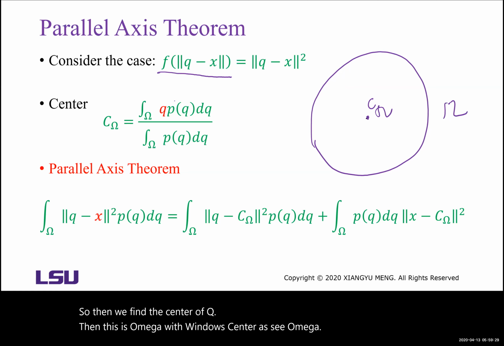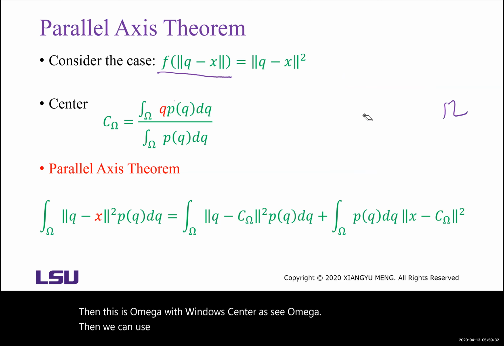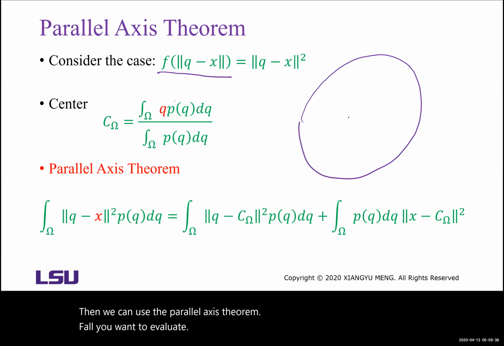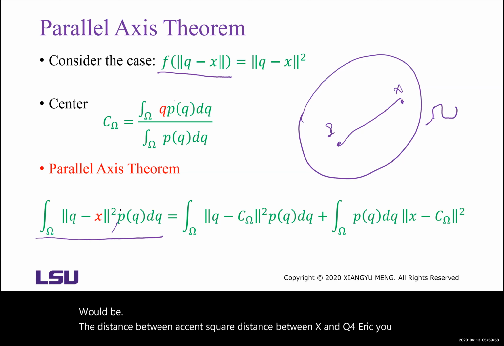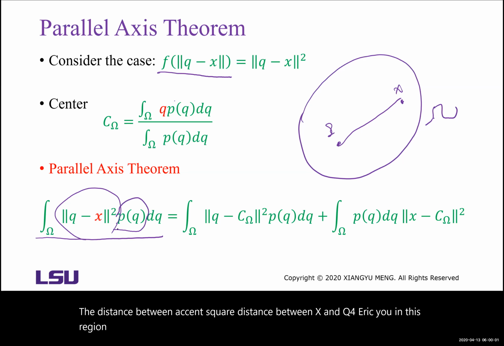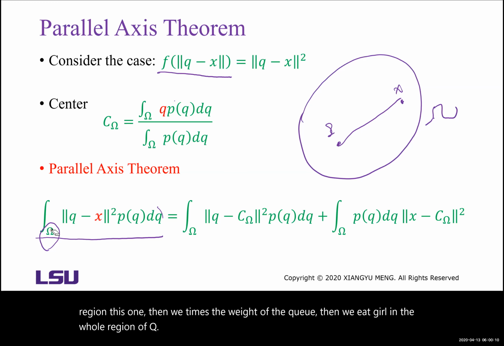Then we can use the parallel axis theorem. If a given omega, if I want to evaluate this function for any point X, it would be the square of distance between X and Q for every Q in this region. We have this one, then we times the weight of the Q, then we integrate over the whole region of Q. Then this one can be written as two parts.